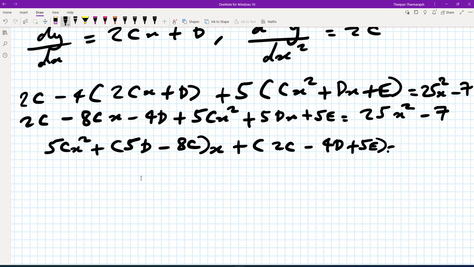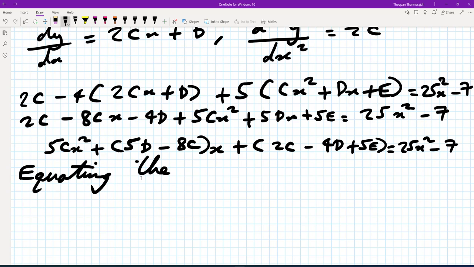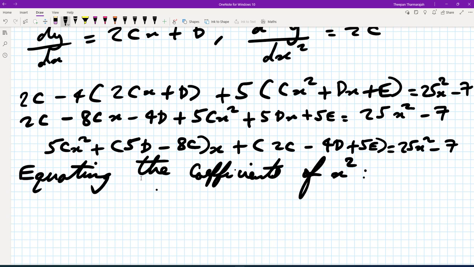Now all of that is equal to 25x squared minus 7. So we're going to equate the coefficients of x squared. That's going to be 5c is equal to 25, so c is equal to 5.